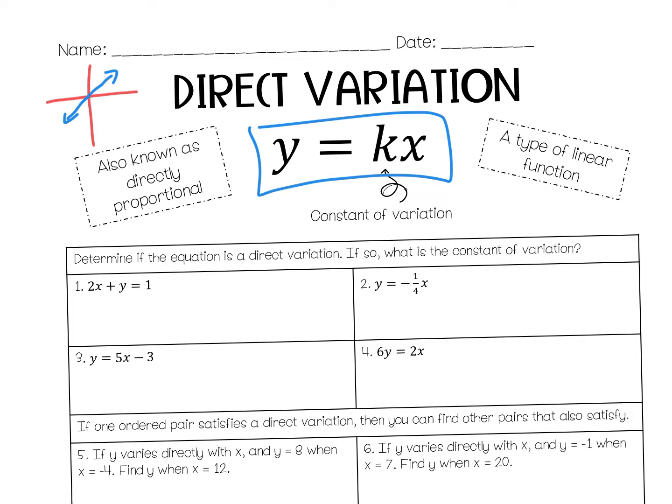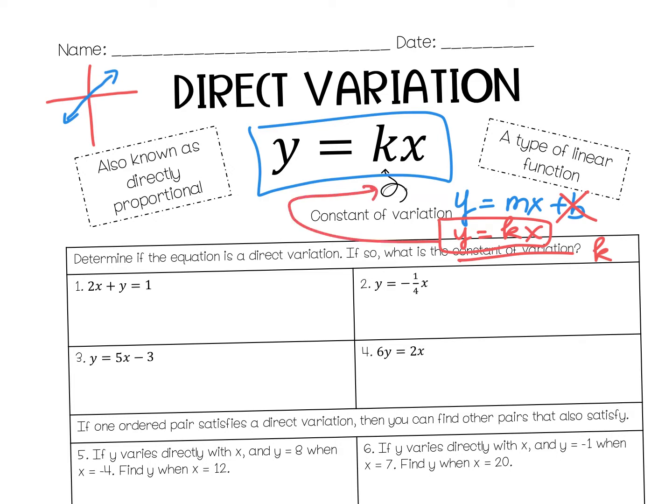By the way, this is very much like y equal to mx plus b, where there is no b because it's starting at 0. Because we have a special name for that, we call it k instead. So y equal to mx is the same as y equal to kx.